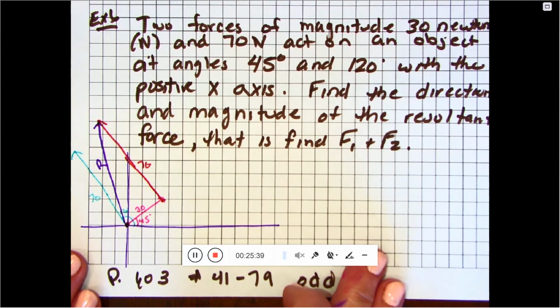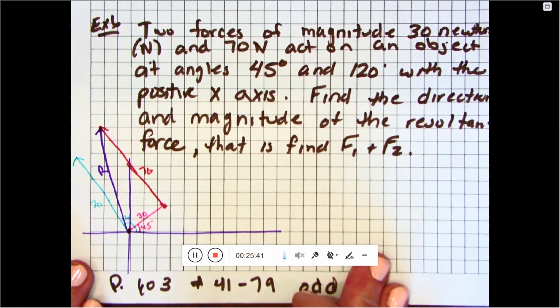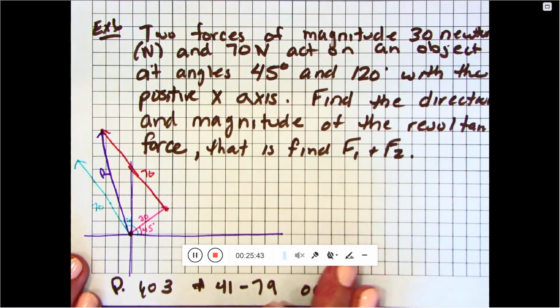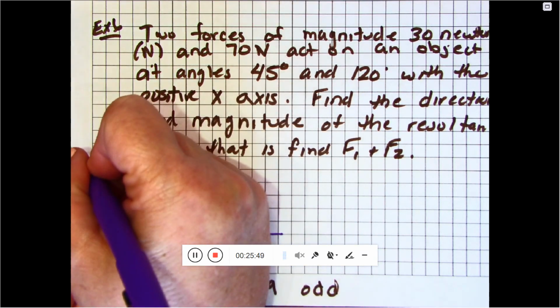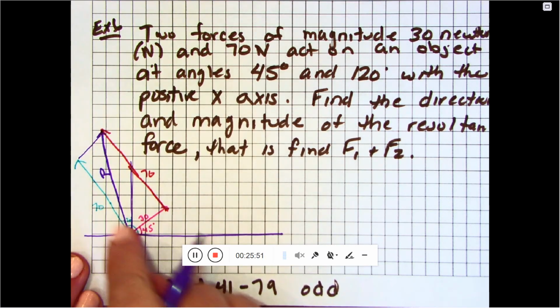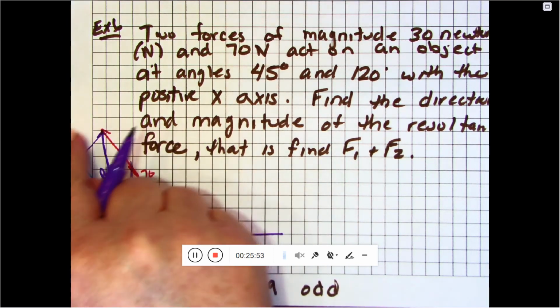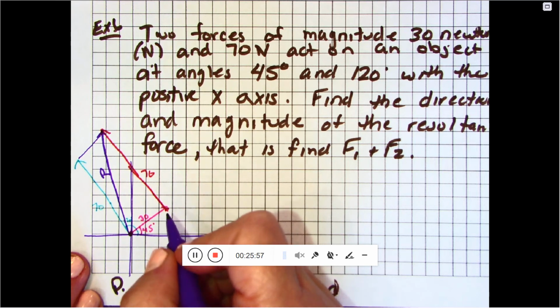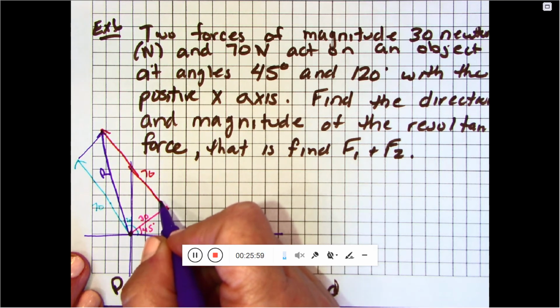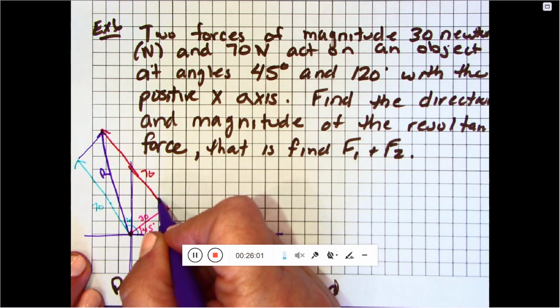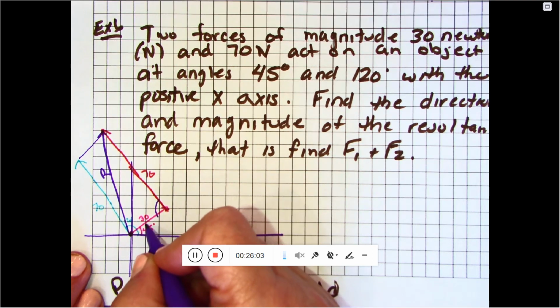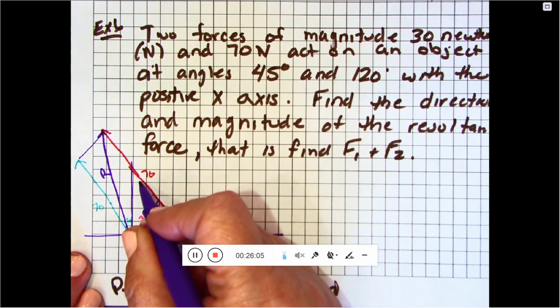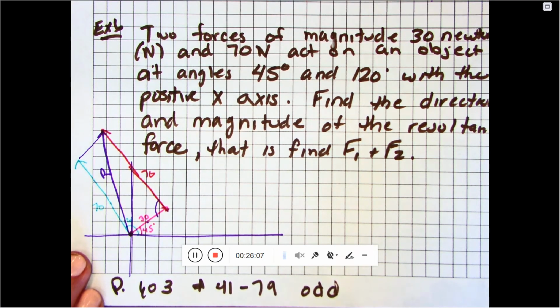Okay, so we're probably going to either be using law of sines or law of cosines here. So let's talk about this a little bit. Okay, if I connected this to this, we have a parallelogram here. So if I could figure out this angle right here, I would have a side angle side situation, and I could use the law of cosines.